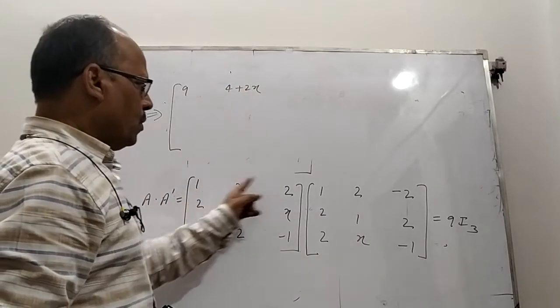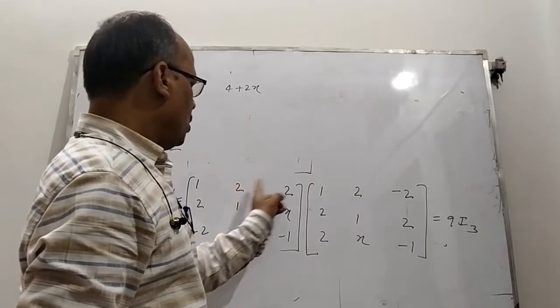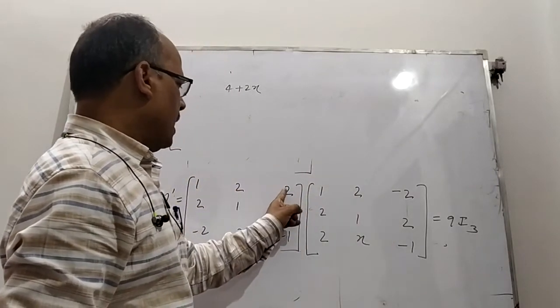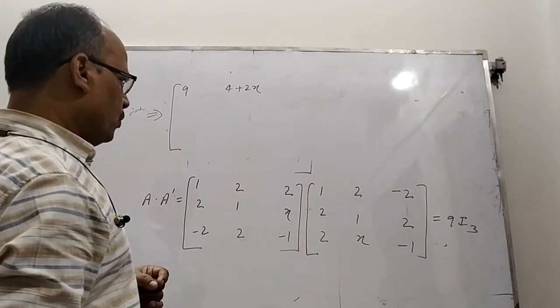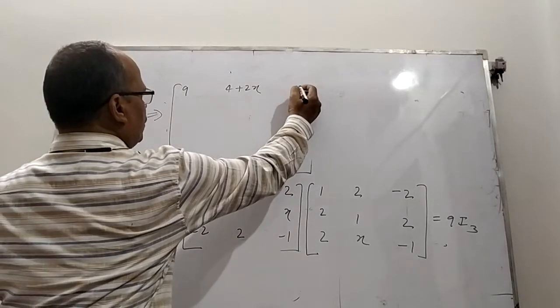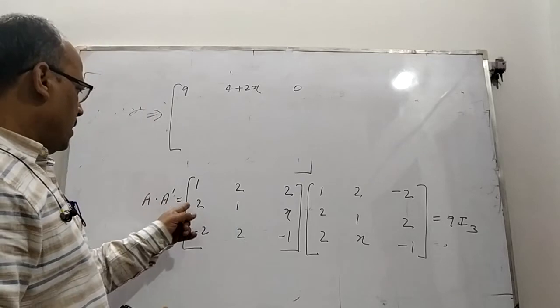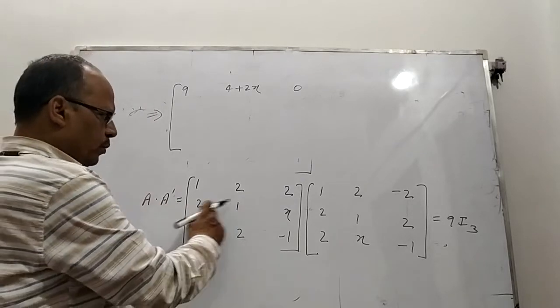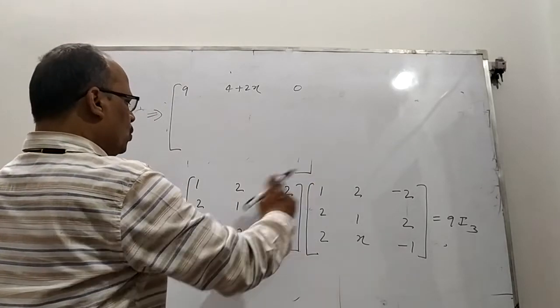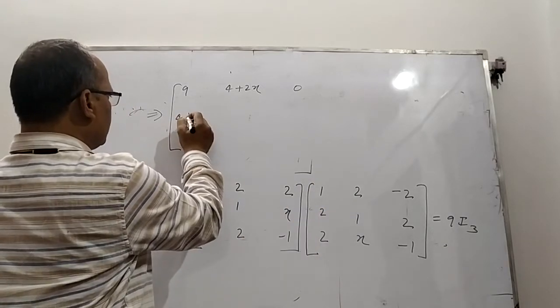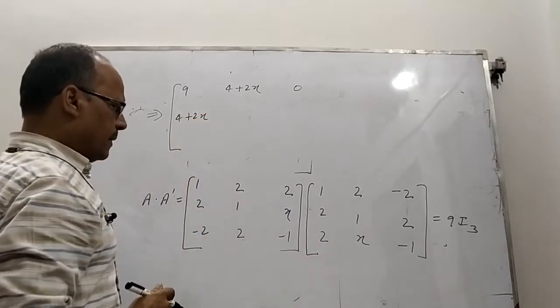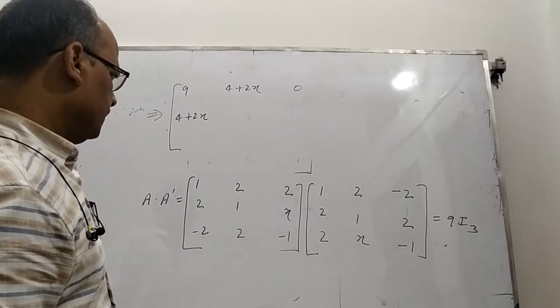Then minus 2, 4 and minus 2. Minus 2, 4, minus 2. Okay, it will be 0. Clear? Then this 0, you multiply with this 2, again 2, 4, 4 plus 2x. Correct?